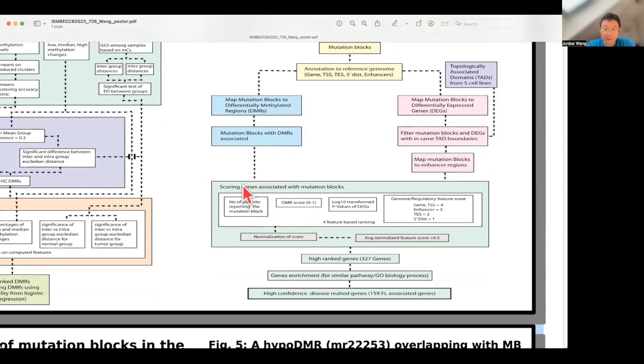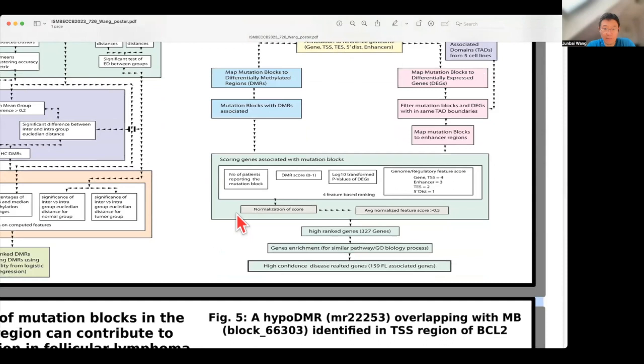Here we also develop another score system with a voting system, to try to predict which mutation blocks are possibly functional in the regulatory region. The information mainly considers, for example, frequency, the number of patients that contain these mutation blocks. Then a differential methylation score, for example, how far these mutation blocks are overlapping with differential methylation and how strong this differential methylation is based on our prediction.